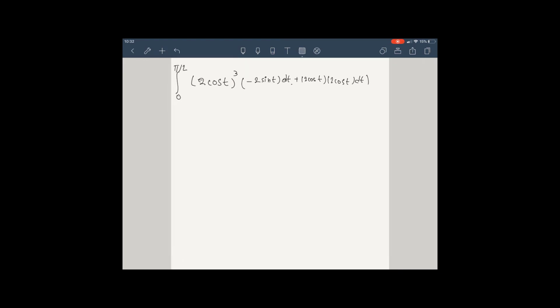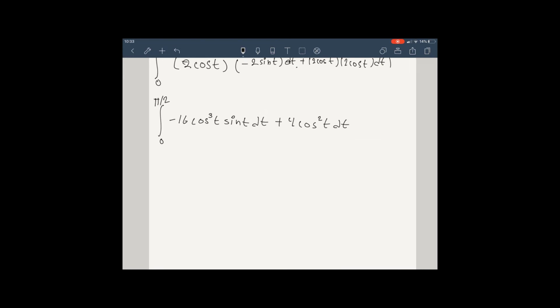I can simplify and I get the integral from 0 to pi over 2 of, that becomes an 8. So 8 times negative 2 gives me negative 16 cosine cubed t times sine t dt plus 4 cosine squared t dt.